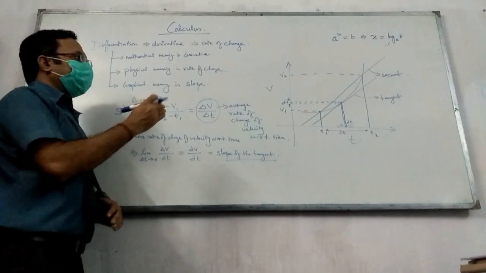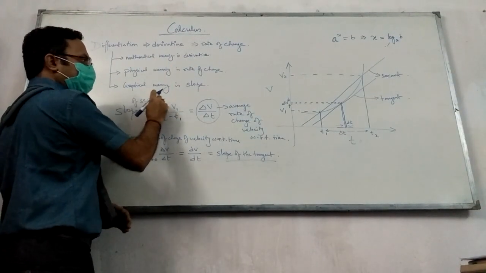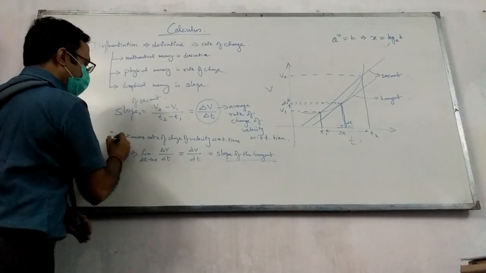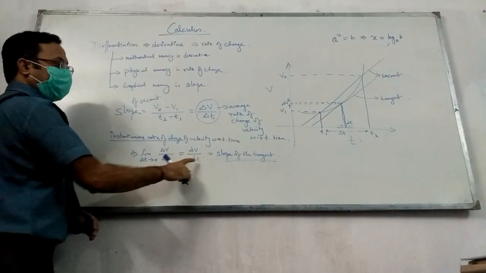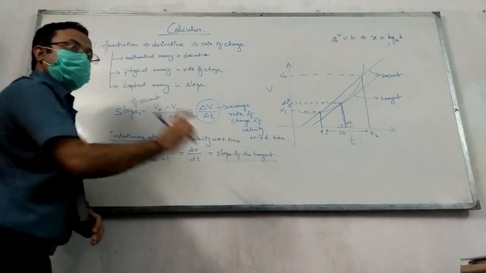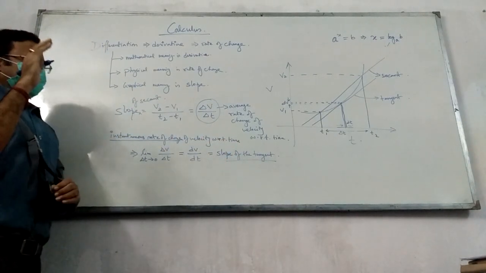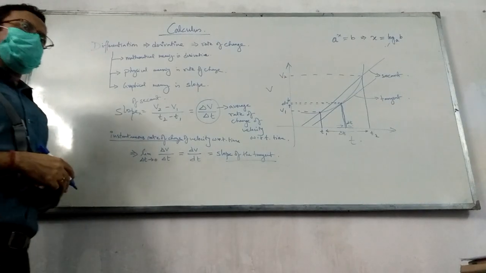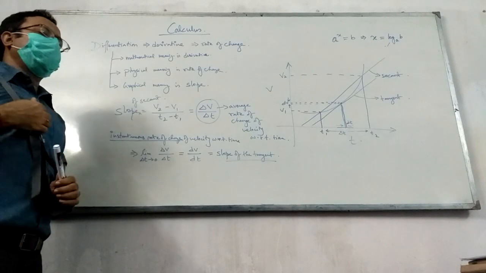Whenever they give you the average rate of change, it is the slope of the secant, and whenever they say instantaneous rate of change, you find the slope of the tangent at that instant.